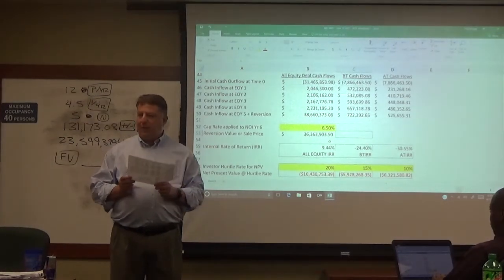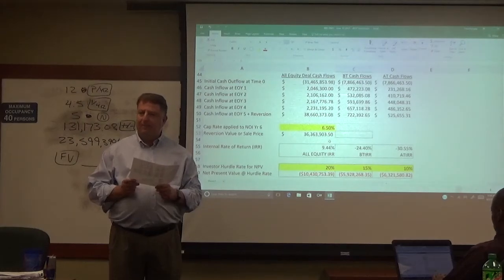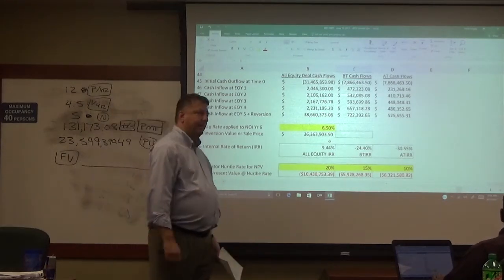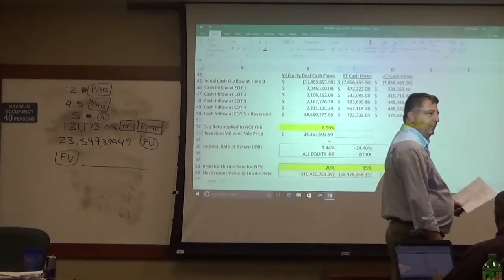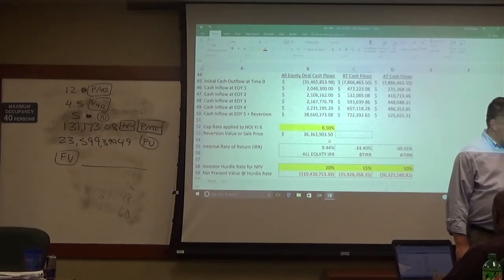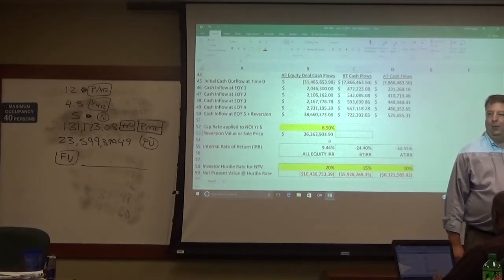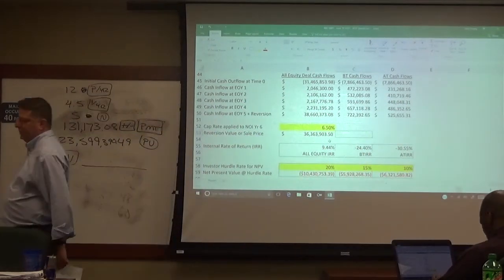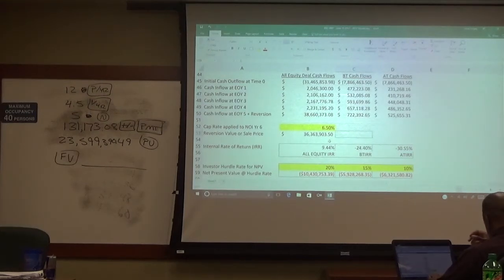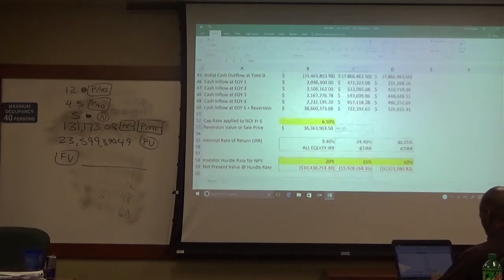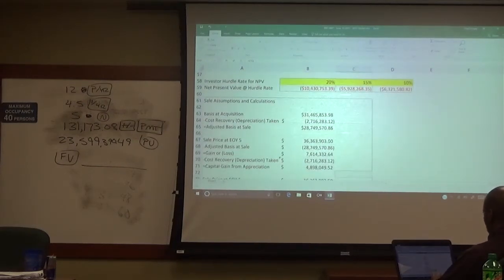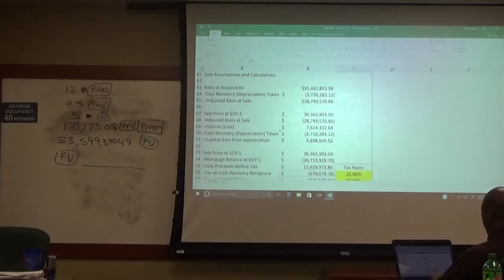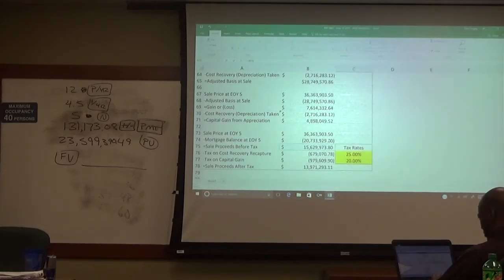Look at all the stuff we just calculated and see if a number matches that. Sale proceeds before tax. Wow, that's pretty straightforward, isn't it? So we just simply take a cell reference. In cell C53, you're going to cell reference B75.